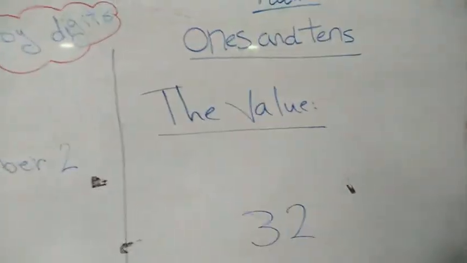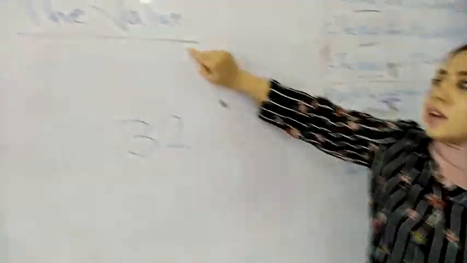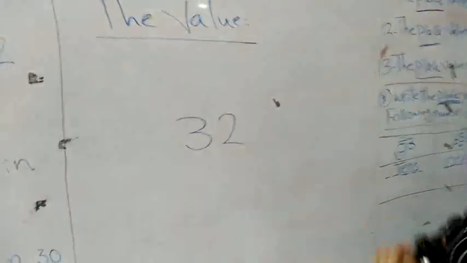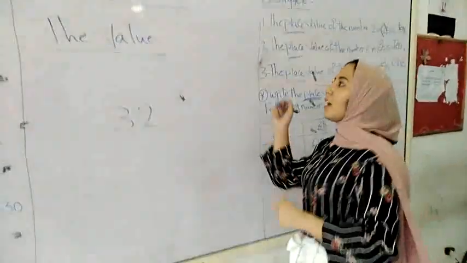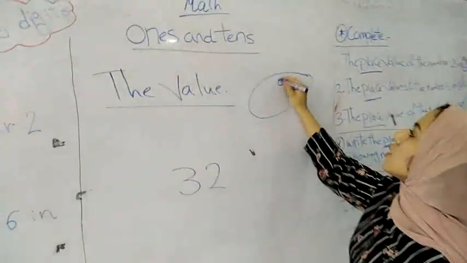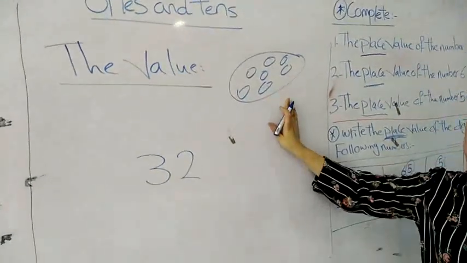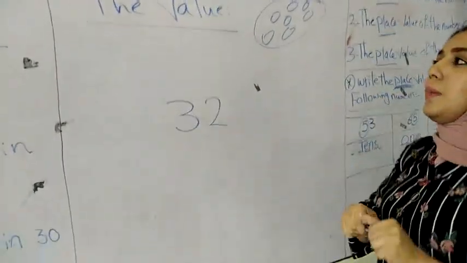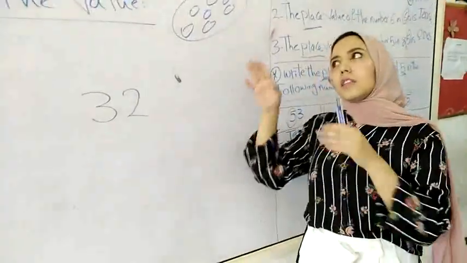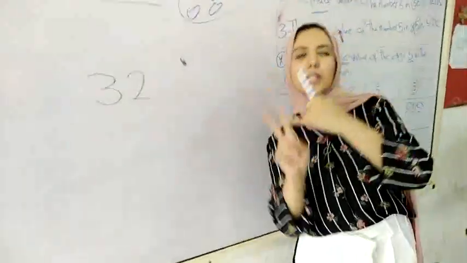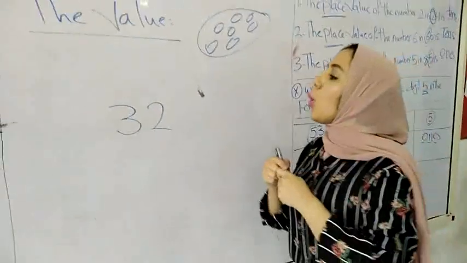Now let's move to the second part, the value. We have taken the place value, and the second one is value. Value, I said, is like part of zeros. So when I say value, it's like part of 0. And I will ask myself the value of the number with or without.